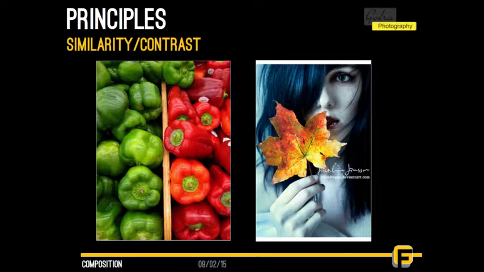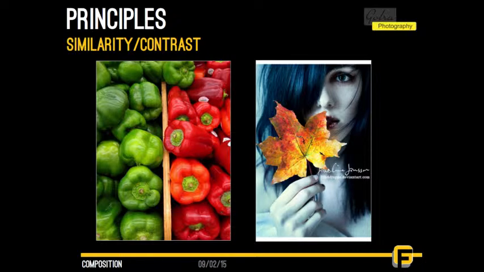Here in this image, I have capsicums. I have green capsicums, and also red capsicums, the green peppers and the red peppers. If I had all green, it would not look interesting. It would look boring. Here I have the image in a bluish tone, but suddenly the leaf she is holding is a reddish tone.